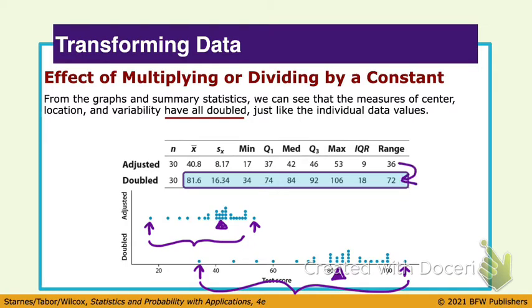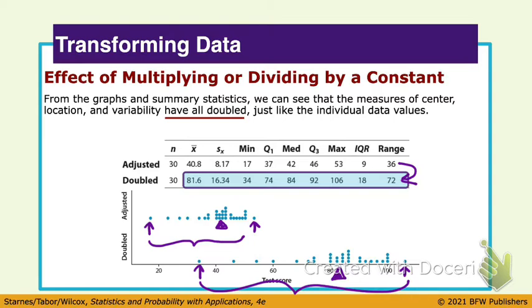So when I multiply, I am spreading that data out. I'm taking lower numbers and moving them up, but not as much as when I take bigger numbers and multiply by a constant. And so my numbers are going to become way more spread out because I am multiplying by a number.